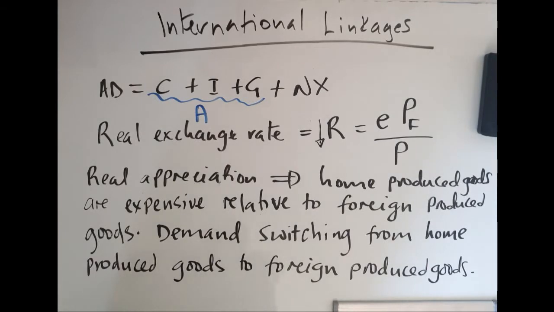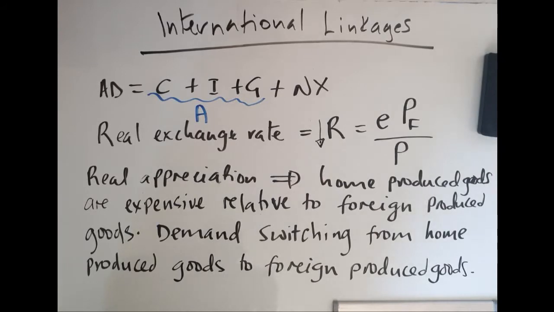That's the idea. And the idea is that if absorption is relatively large, the economy tends to be more resilient. But if absorption is small, the economy will be less resilient.